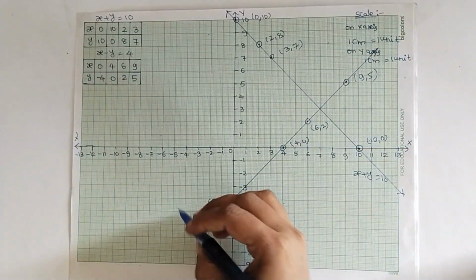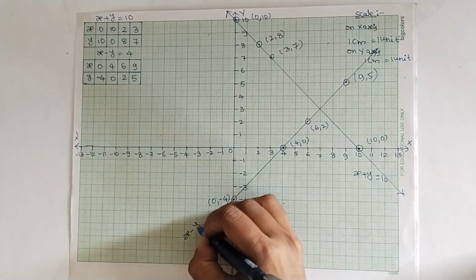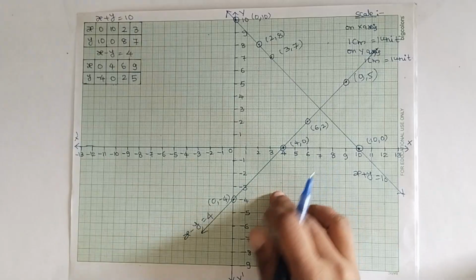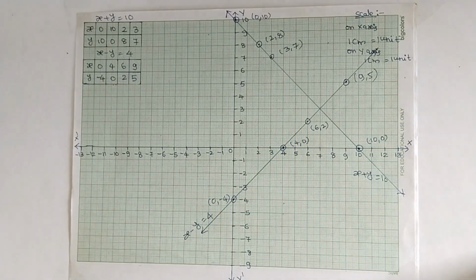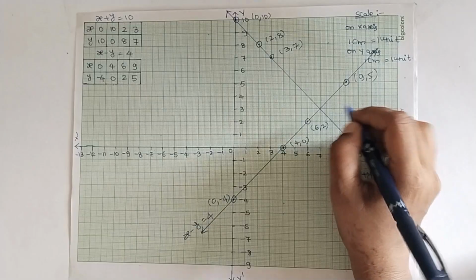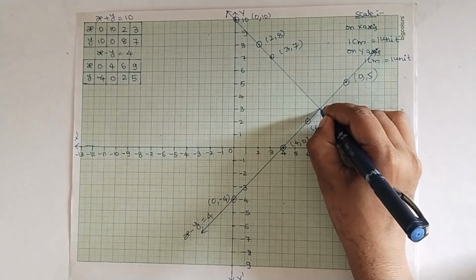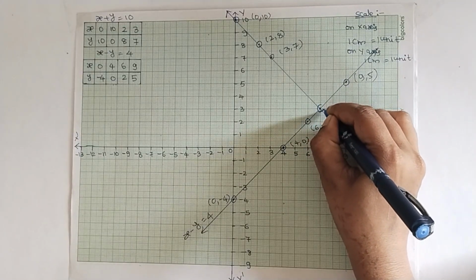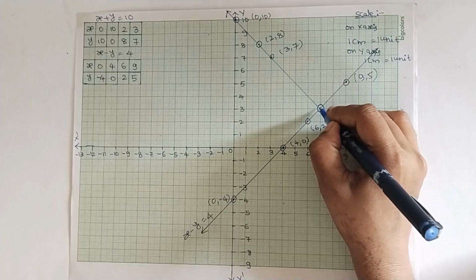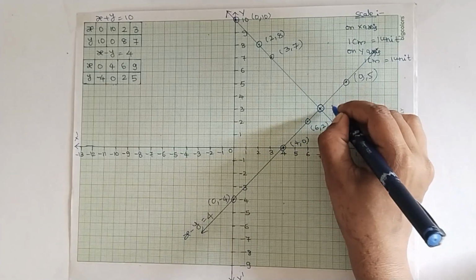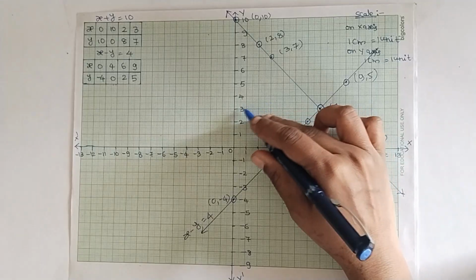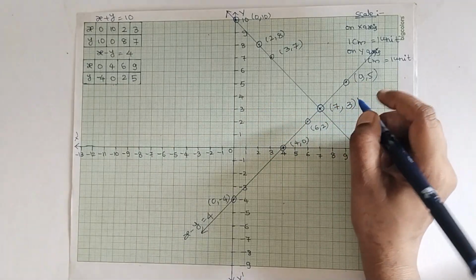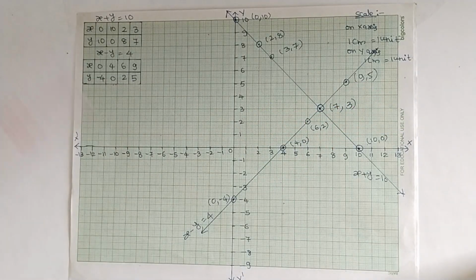Which line is it? x - y = 4. You have to write that equation. Here, you can see both the lines are intersecting at this point. This point is 7, this point is 3. 7, 3 is the solution.